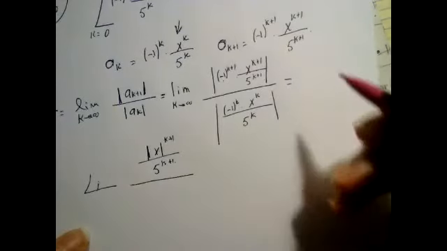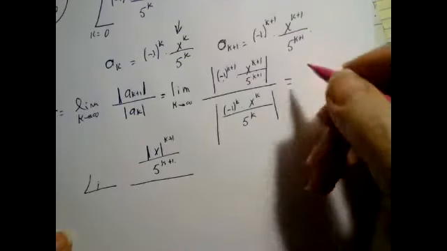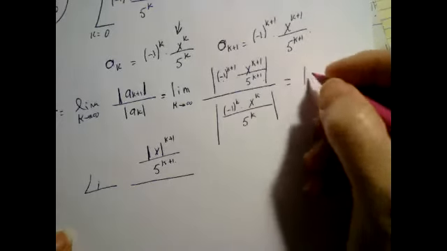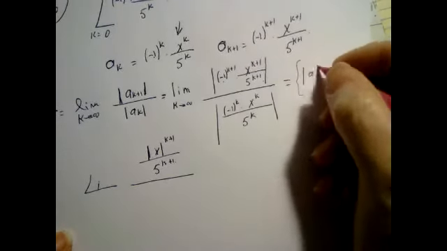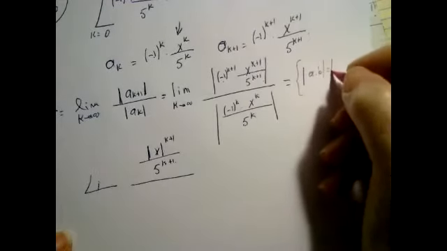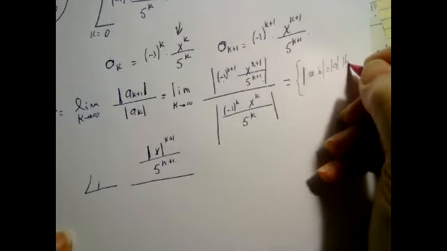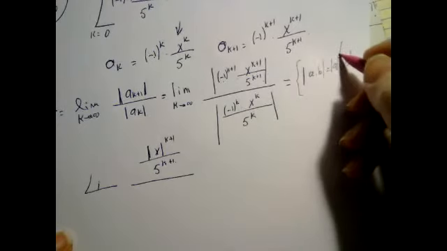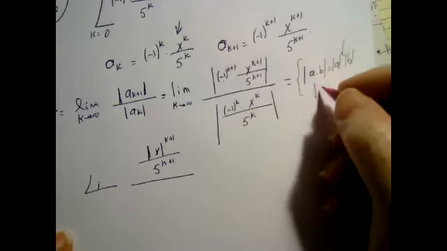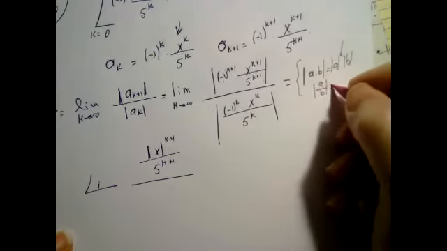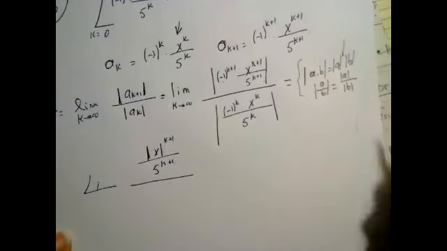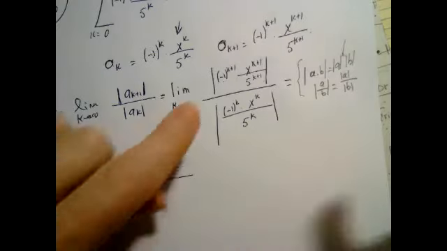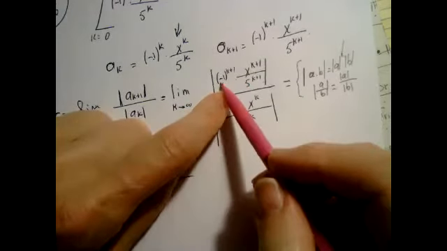As I mentioned yesterday, and I mention this for the last time, the absolute value can be split. If you have the absolute value of A times B, you can split it into the absolute value of A times the absolute value of B; it has to be multiplication here. And the absolute value of A over B is the absolute value of A over the absolute value of B. We have those properties.